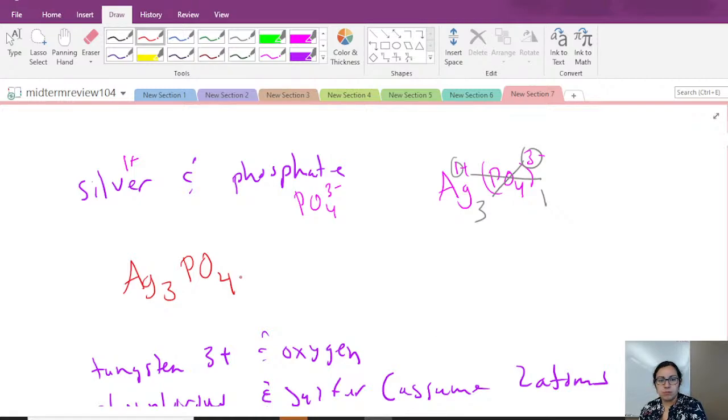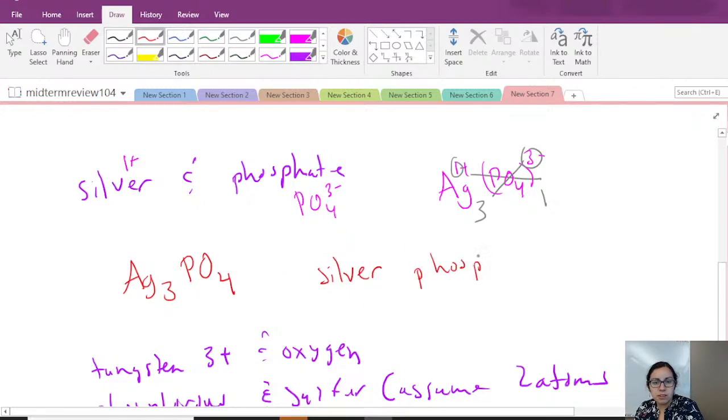And then, so how would we name this then? Is it just silver phosphate? Yep, so it's just silver phosphate. And again, we don't need Roman numerals on that silver because it's always 1+. But typically, we would do the metal. Otherwise, if it was another metal in that transition metal center, we would write it. But yeah, silver was a special one.